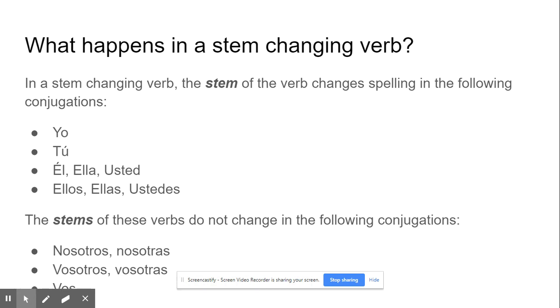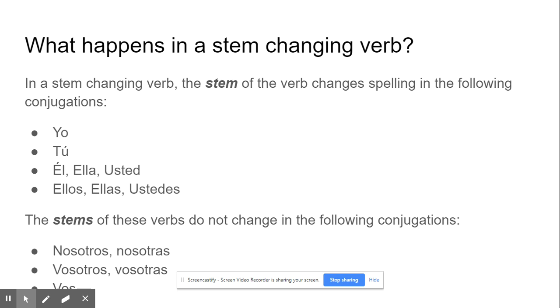In a stem changing verb, the stem of the verb changes spelling in the following conjugations: in yo form, in tú form, in él, ella, usted form, and in ellos, ellas, ustedes form. However, the stems of the following verbs do not change in nosotros, nosotras form, vosotros, vosotras form, or vos form.